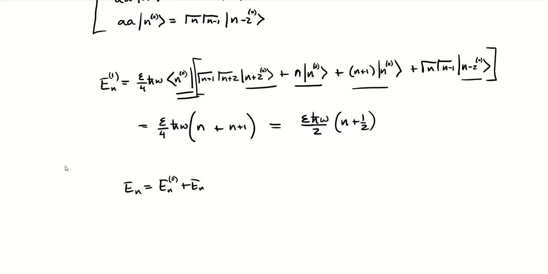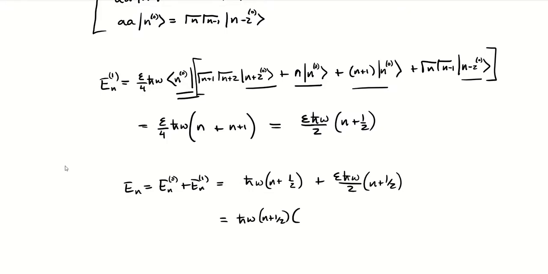0th order plus that first order correction, which is going to be h bar omega n plus, excuse me, 1 half, and that's going to be plus epsilon h bar omega over 2 n plus 1 half. Factoring out the h bar omega, we end up with just h bar omega n plus 1 half.